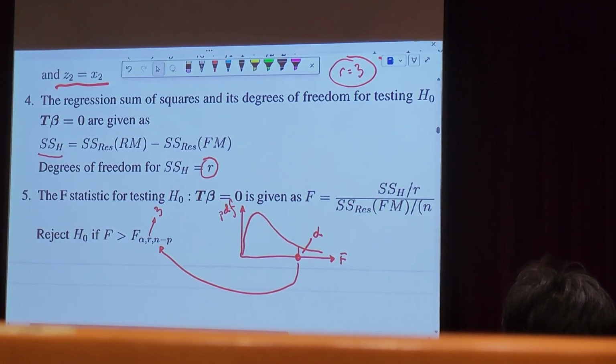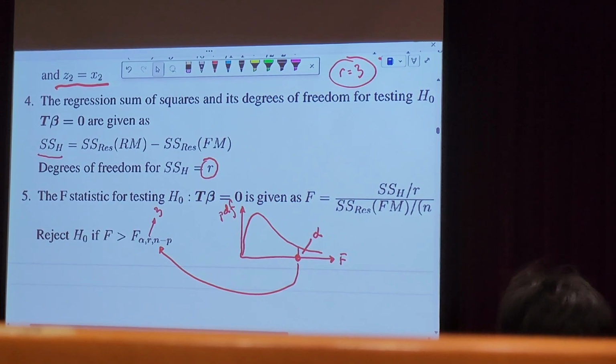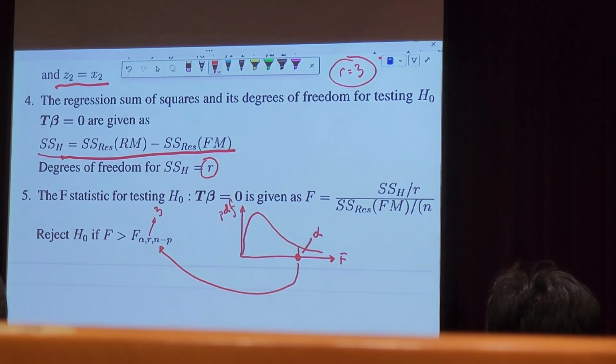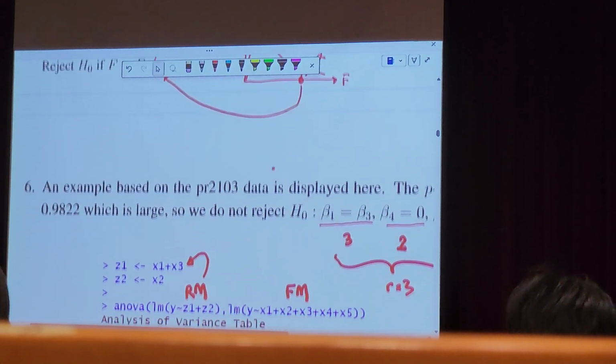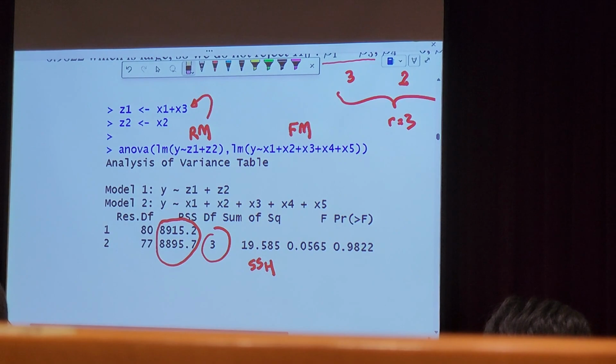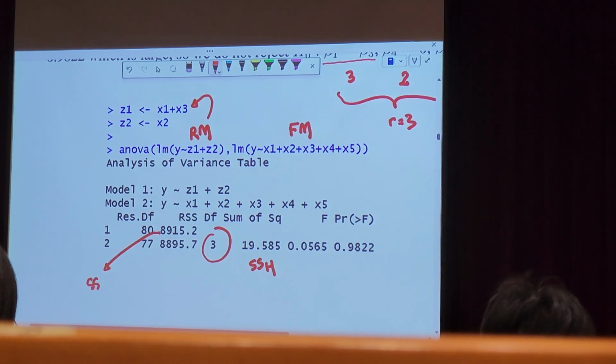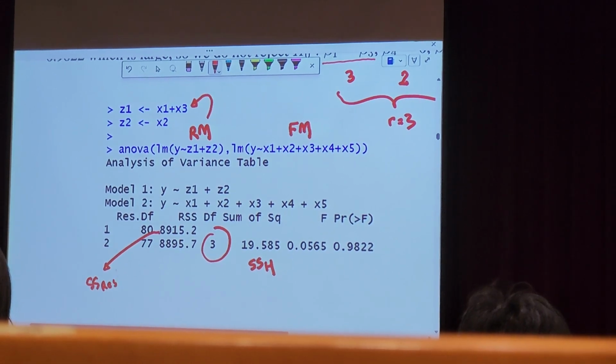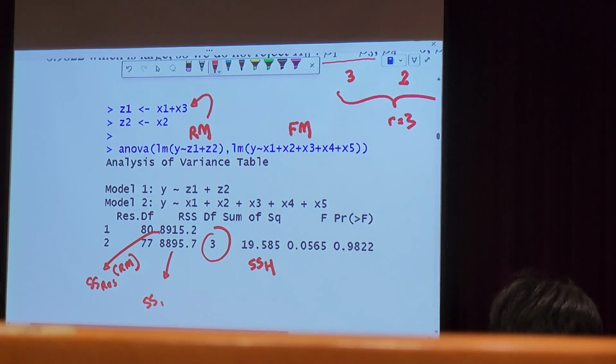SSH is based on these 2, which I have stated for you. SSH is the residual sum of squares of the reduced model minus the residual sum of squares of the full model. Here is the SS residual of the reduced model, and this is the SS residual of our full model.